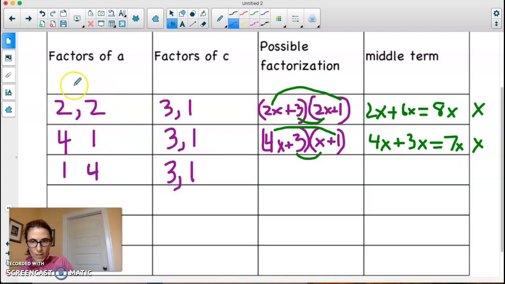We didn't have to do that up here because those factors of A were the same, but this will actually give us a different combination of factors. So this time we have our 1x plus 3, and then we're going to have our 4x plus 1.